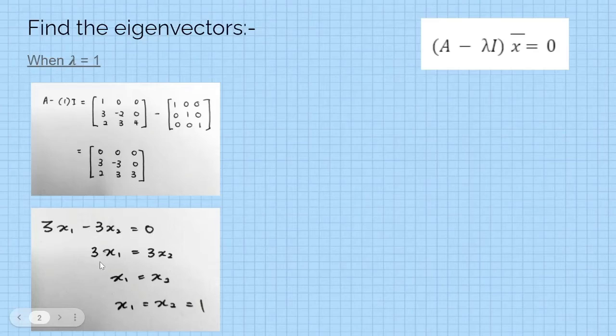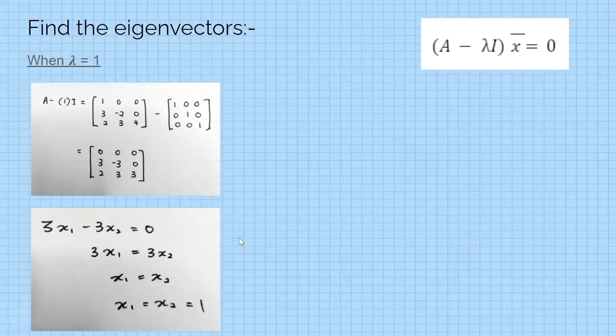So we can find the value for x1 and x2. After we simplify this equation, we get x1 equals x2 and equals 1.